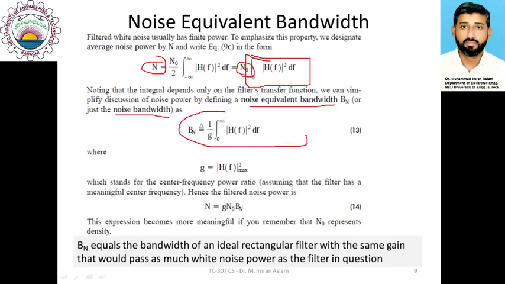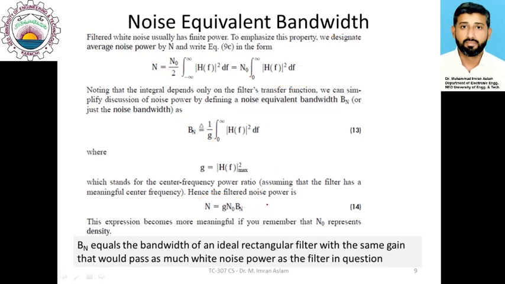It is given by this relationship, where 1 upon G represents the maximum value of H(f) squared. So basically this is the normalized version of this function. Therefore the noise power is given by N equal to G into N naught into Bn, which is the noise equivalent bandwidth.